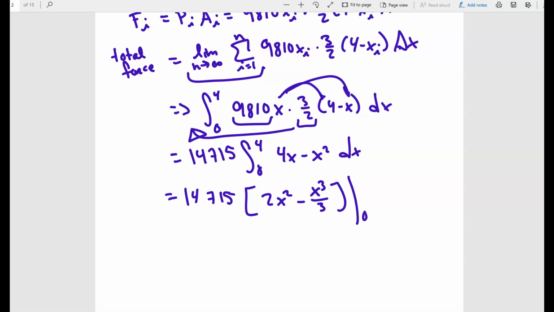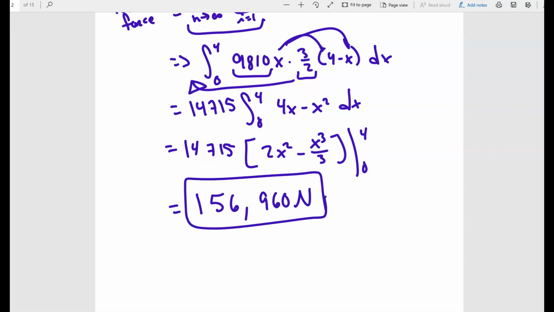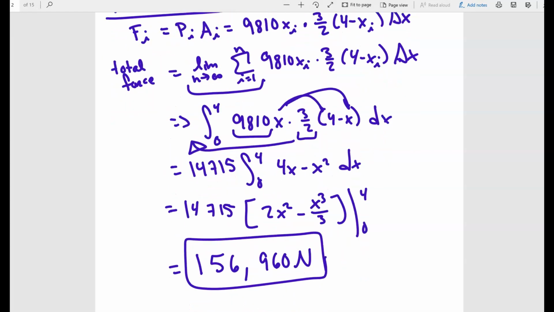This is going to be from 0 to 4. And this is just going to give me 156,916 newtons. All right, so it is a very lengthy problem. There's a lot of things that you have to do, but this is basically the gist of what you're going to be doing.